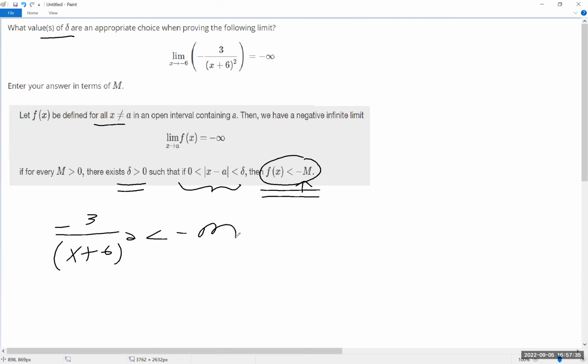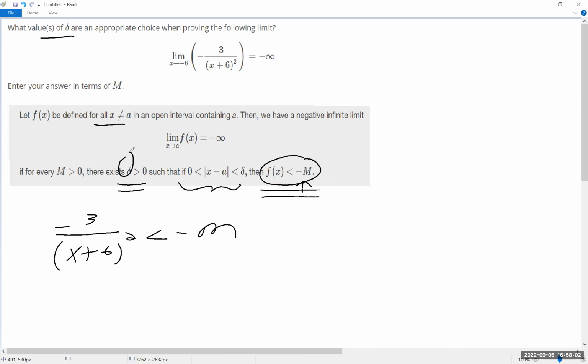Okay, so we start off with that, and if we are able to draw the delta, then we'll be able to prove this. So it's kind of working backwards. You start with a relationship that you want to show, and then you try to figure out which delta is going to make that work out.